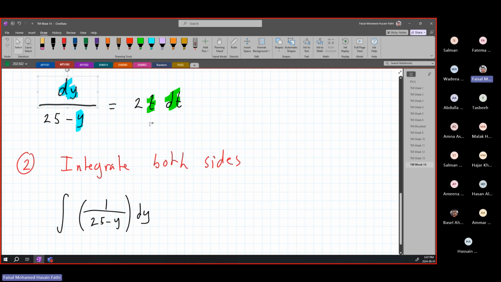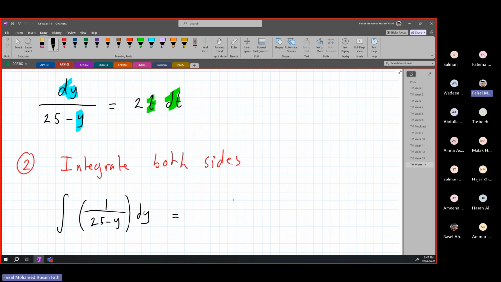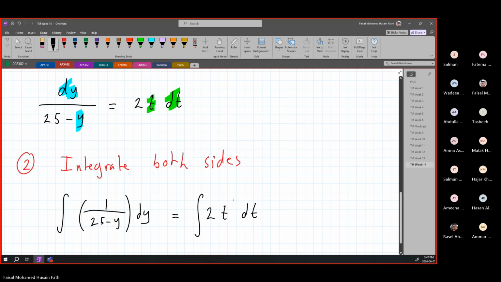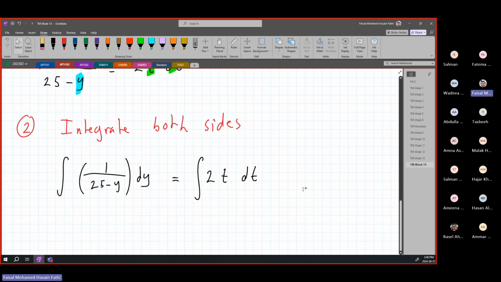I just put the dy outside, so it is a bit easier. It's equal to the integration of 2t dt. All right. We did not do this integration before. I don't know if you guys are going to get this integration.